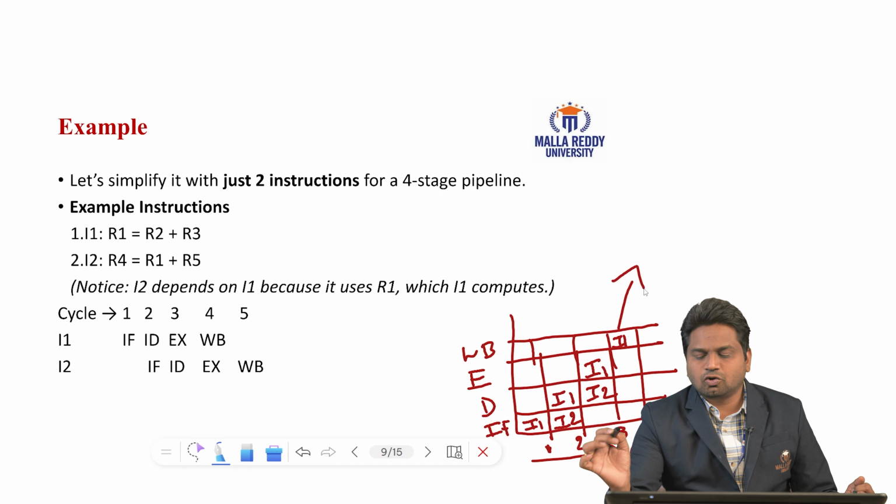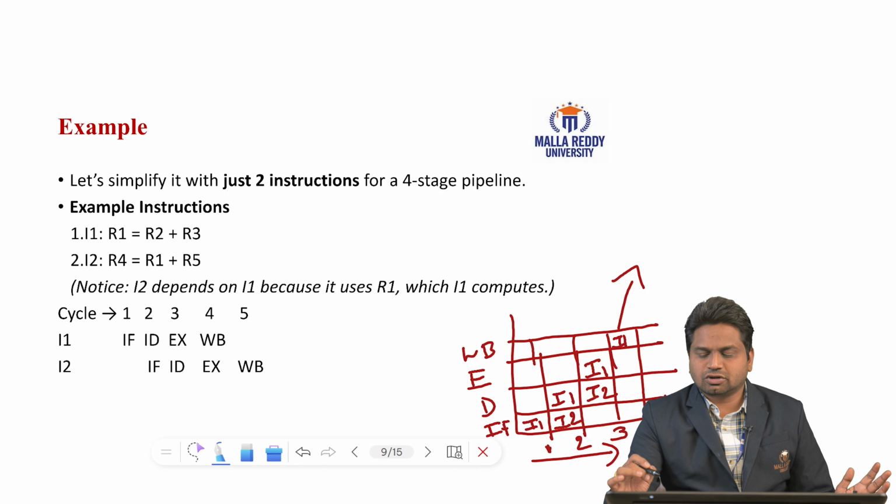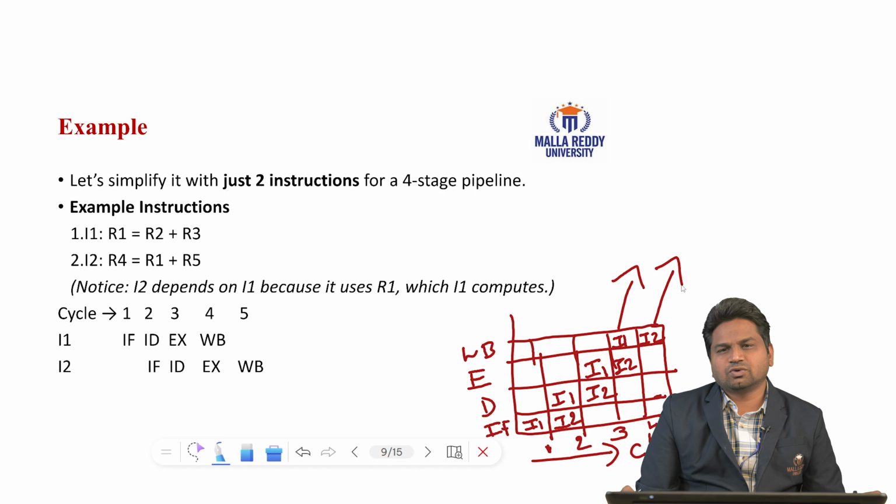Write back means the output is generated, the instruction 1 is executed and stored into the memory, everything completed in the 4th clock cycle. In the 4th clock cycle, instruction 2 comes to the execution phase, and in the 5th clock cycle, instruction 2 will come to write back. So the 2 instructions are executed with 4 stages in 5 clock cycles of time.